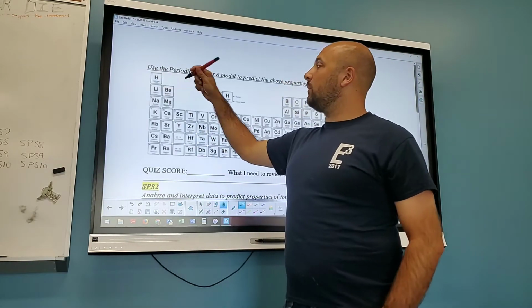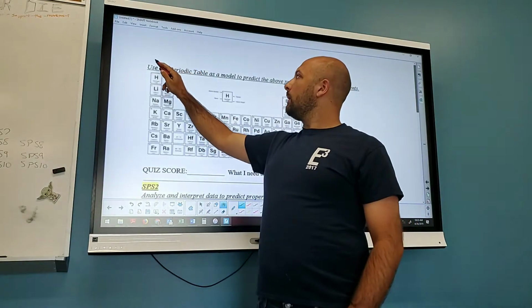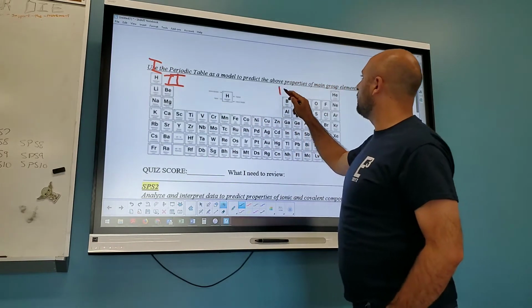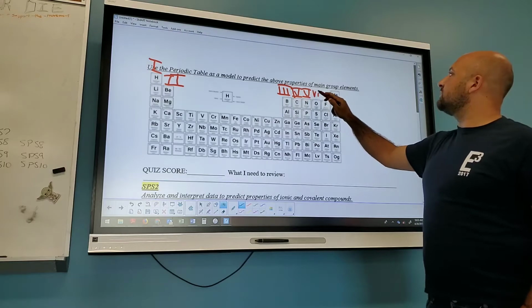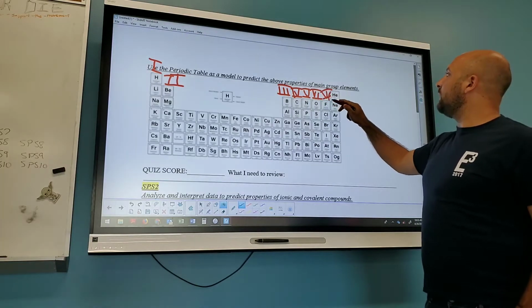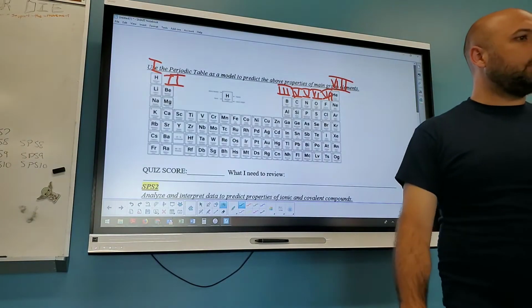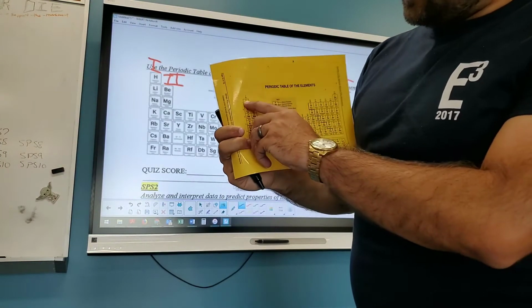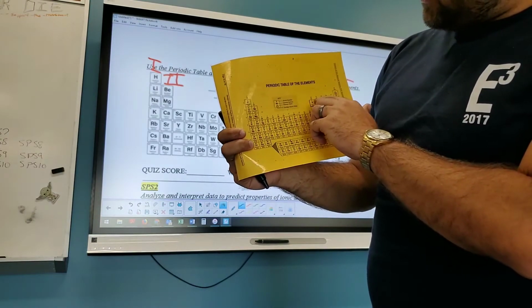What are my valence electrons going to be? How do they represent them in the periodic table? With the Roman numerals, right? So if you're looking through, you should see all these in the periodic tables that you guys have been given. If you look at the top, it says 1A, 2A, 3A, 4A, 5A.